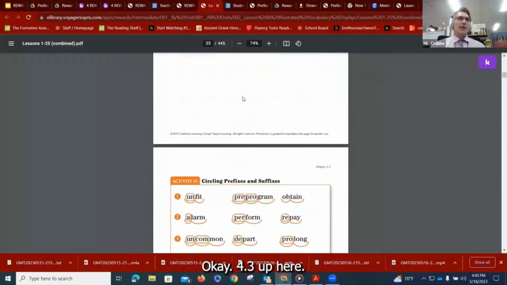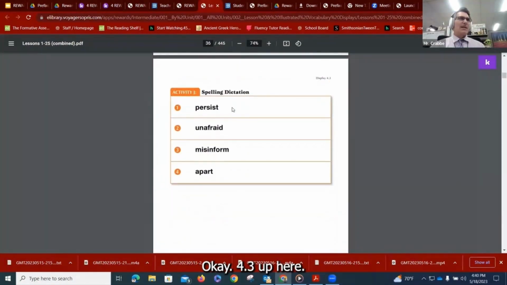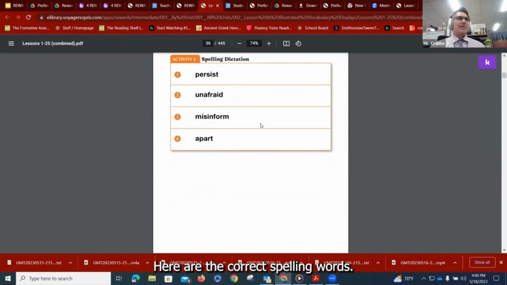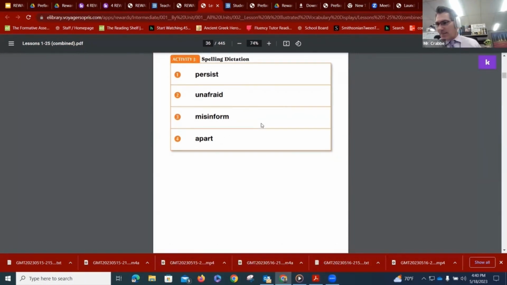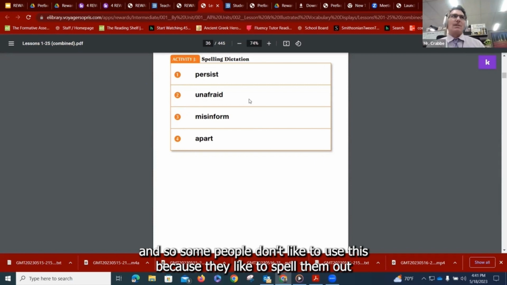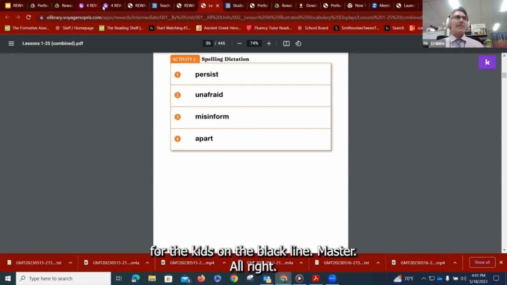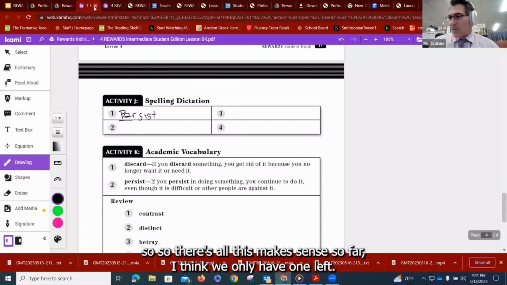There. 4.3 up here, and you can just put that up there. Here are the correct spelling words, and you go in and check all the kids and make sure that they did it right. So you're showing each one word for word, so cover up pieces of it. Some people don't like to use this because they like to spell them out for the kids on the Black Line Master. All right. So does all of this make sense so far? I think we only have one left.